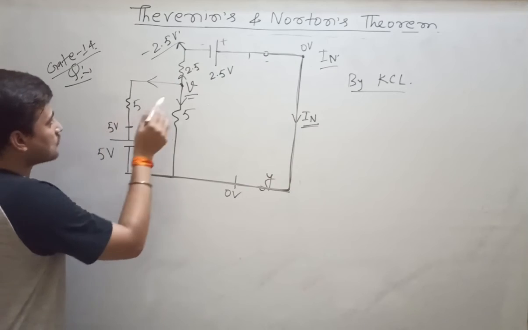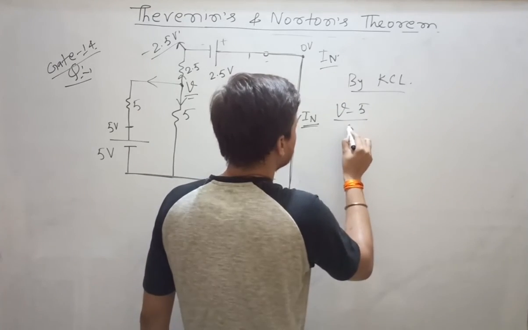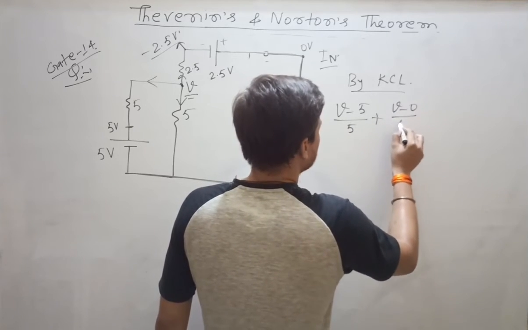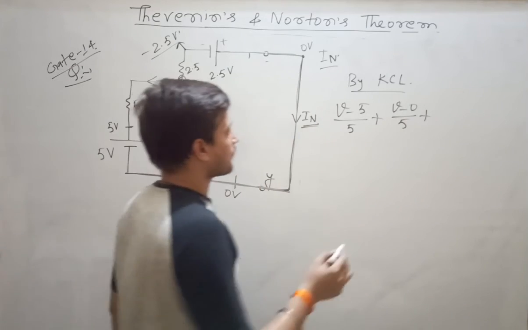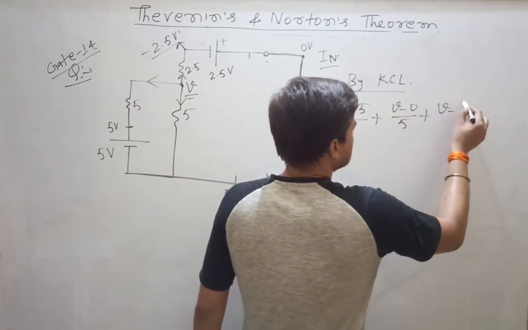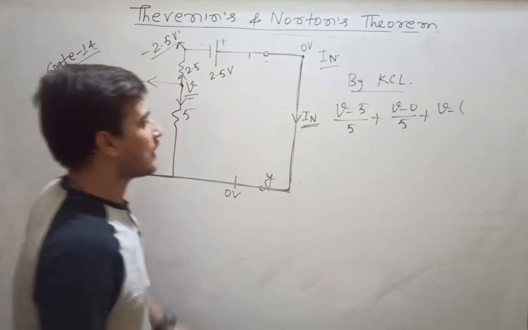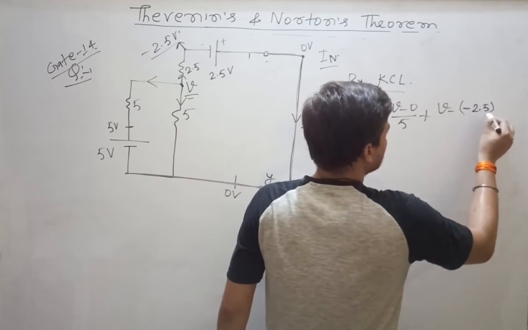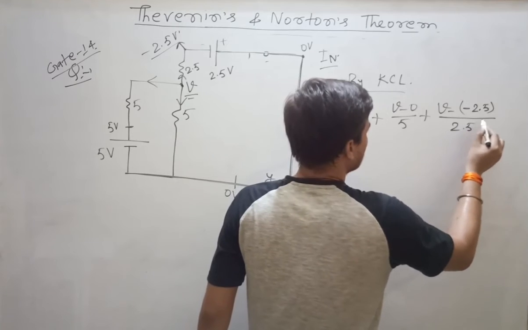So (V minus 5) divided by 5 plus (V minus 0) divided by 5 plus (V minus (minus 2.5)) divided by the resistance 2.5 will be equal to 0.